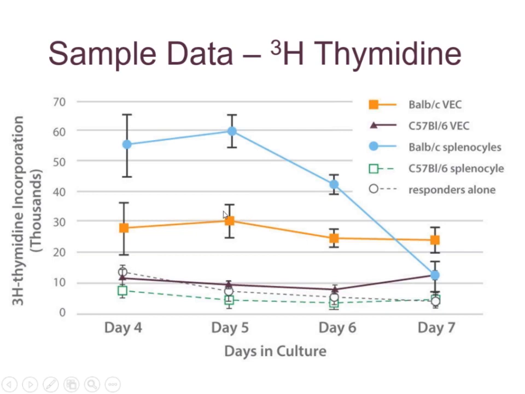If those are stimulated with cells from a BALB/c mouse, shown in orange here or in blue, even better here, you can see that there's a good increase over that background level of thymidine, from, say, around 10,000, and on these particular days up around 60,000 counts per minute. So, a 6-fold increase, quite believable. It does, as you'll notice, decline over time.